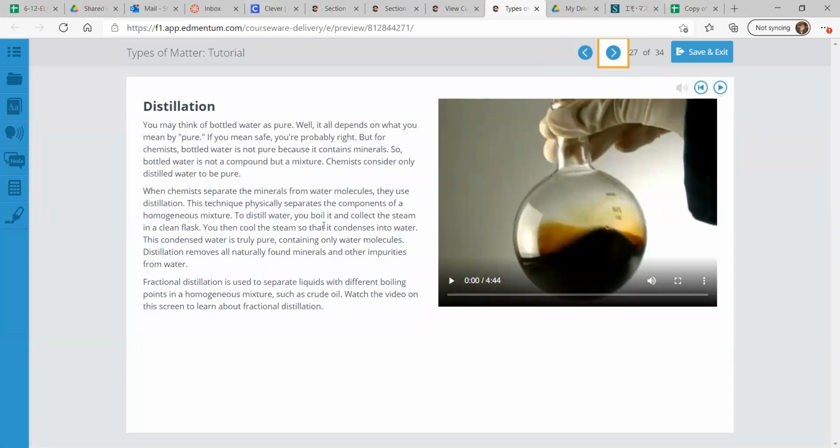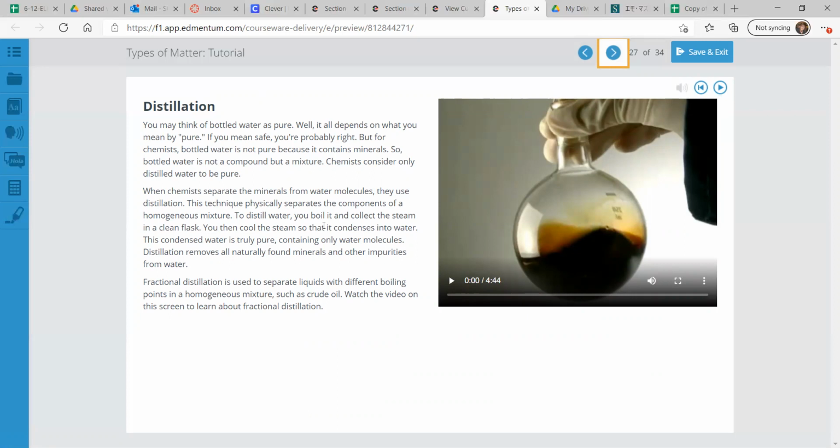Distillation, that is when you boil a liquid, you capture the steam, and then you condense the steam back into a liquid form. And that is how you separate the impurities or other substances in a liquid.